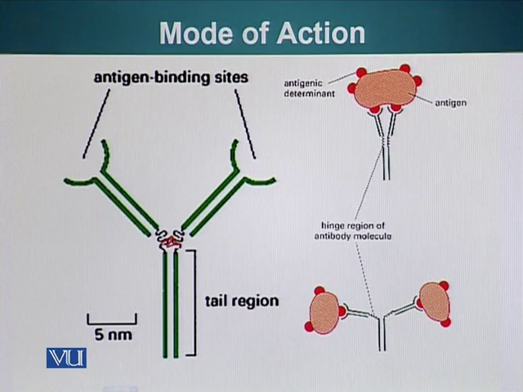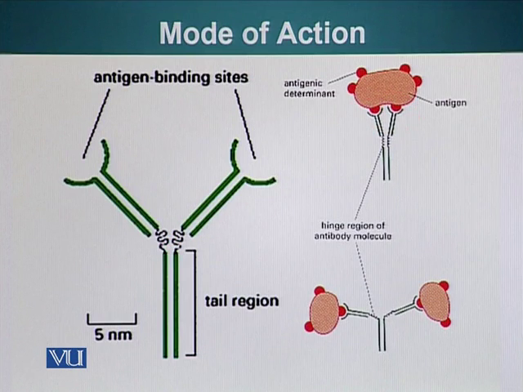If they are close together, this hinge will allow these two antigen binding sites to move closer and bind this particular antigen, which is polyvalent. Or also, it allows this antibody to bind to proteins which have antigenic determinants on them for this particular antibody. So because of this flexibility, it increases the ability of our antibodies to bind different antigens.